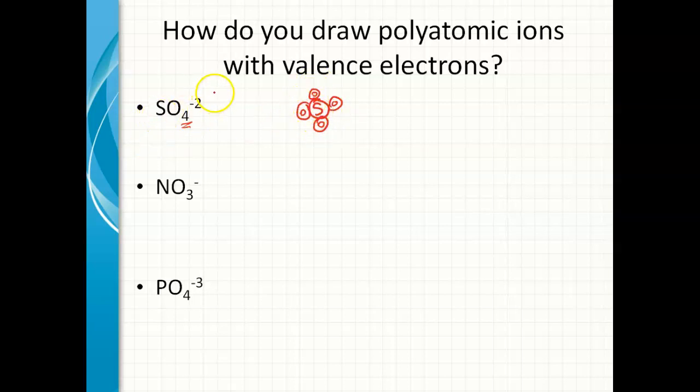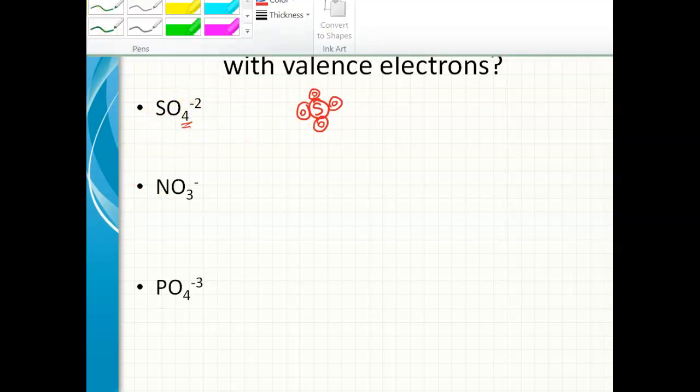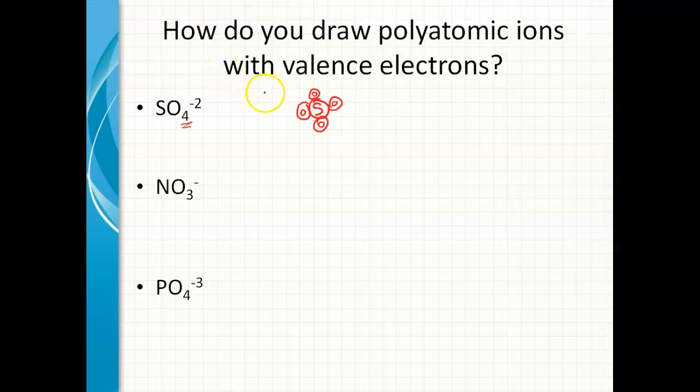Now it tells me it has a -2 charge. Because it has a -2, just like what we've been working with before, that tells us it has a total of 6 valence electrons. Remember, because it's going to be gaining 2 electrons.